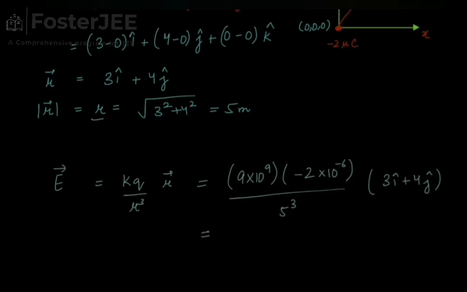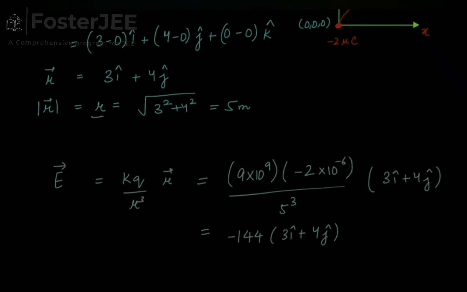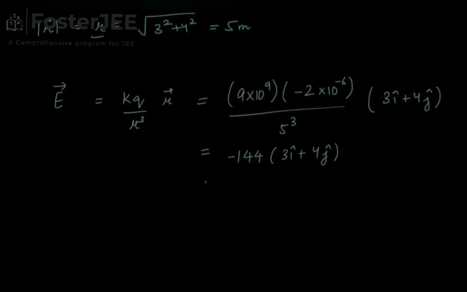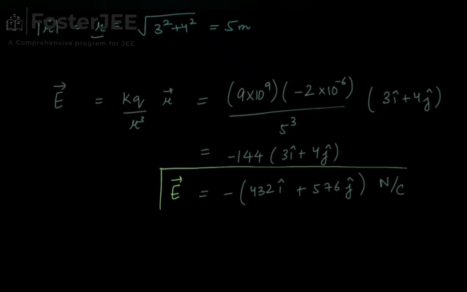Now, solving this, we get minus 144 into 3 i cap plus 4 j cap. We can either leave it like this, or we can solve and get minus 432 i cap minus 576 j cap, and the unit is Newton per Coulomb. So this is our net electric field at 3, 4, 0.